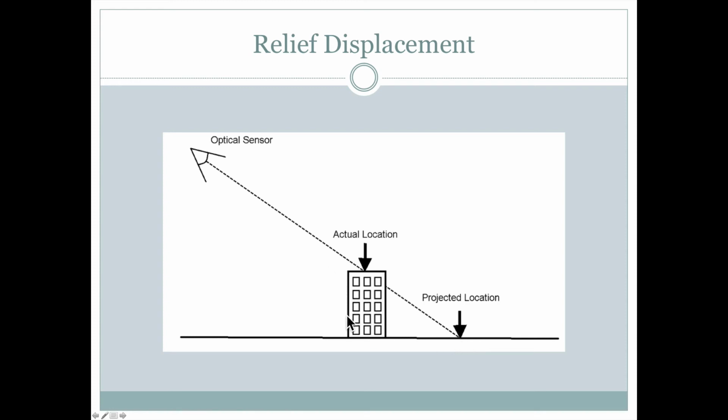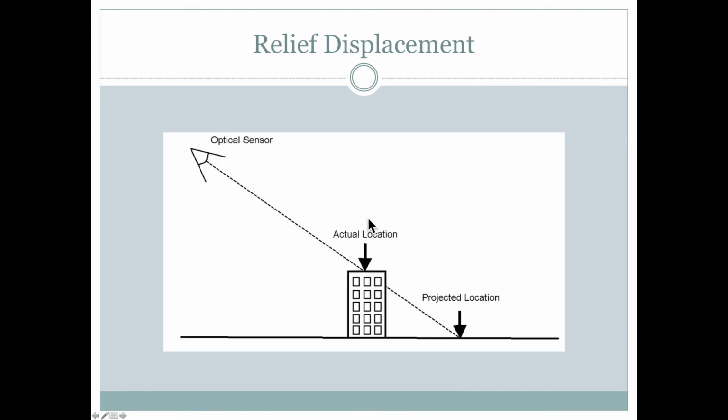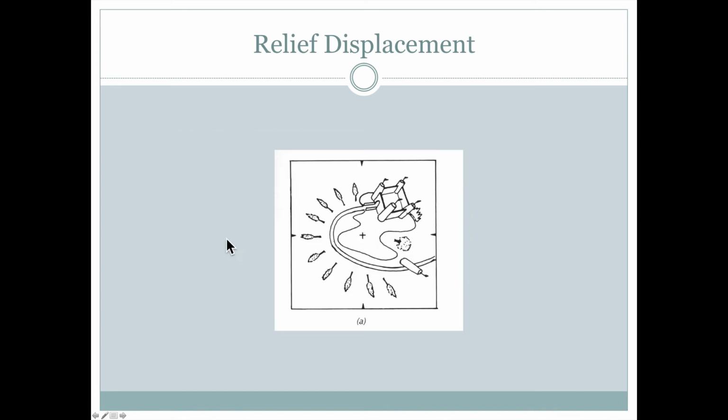And the side of this building, this point here would be in its proper location, and as we go up the building, it would go off more and more to the side. So it would just look like we're looking at that building a little bit from the side, which is why if we look at it from the middle, all of these things are tilted away from the center, away from the principal point. And this is called relief displacement.